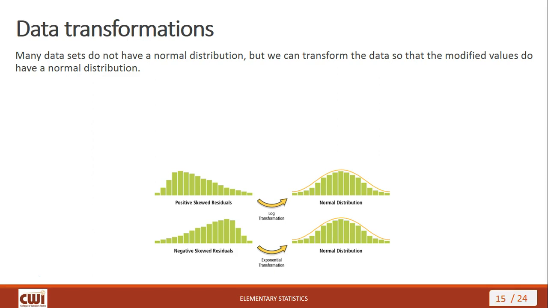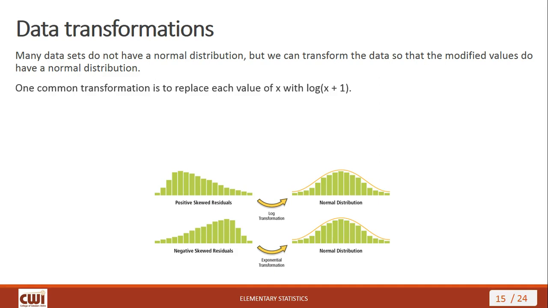So we take data sets that don't have a normal distribution and we apply some transformation to them, so the values are modified to have a normal distribution. There's a very common transformation to replace each value of x with the log base 10 of x plus 1.